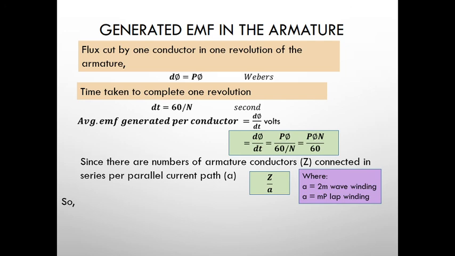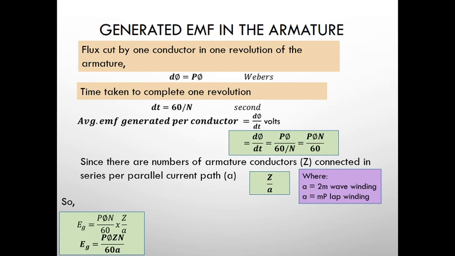So, substitute na nato, i-multiply na nato. Okay? So generated EMF is equal to P flux N over 60 times Z over A, the number of armature conductors in series over the number of parallel paths.